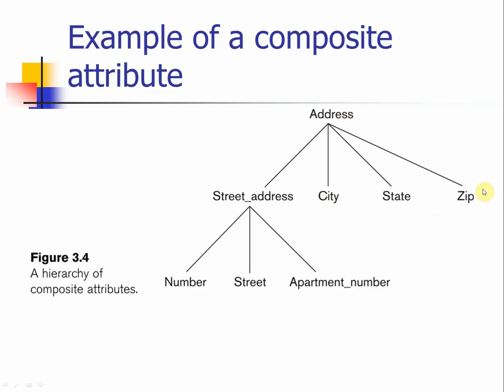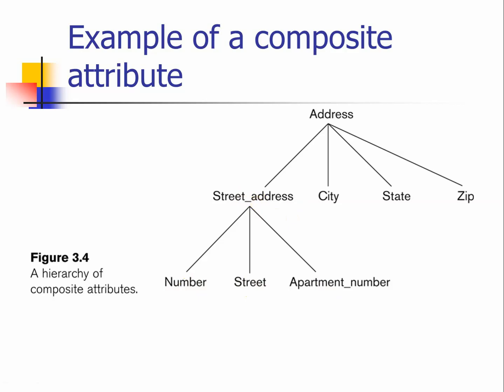So these four things combined together equal your address, one thing. Sometimes there are hierarchies, so you can further divide your street address into number, street, and apartment number. Needless to say, number plus street plus apartment number equals street address.